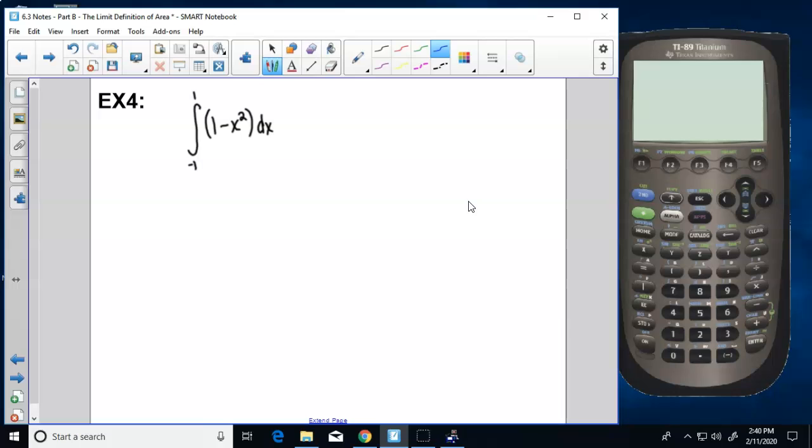Okay, now I'm just going to do just a quick little graph of this for an important reason. If I graph this, we've got a quadratic here, 1 minus x squared, so this has been flipped upside down and moved up 1, so the graph will look like this.